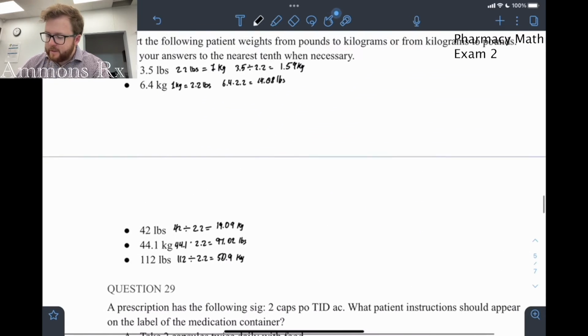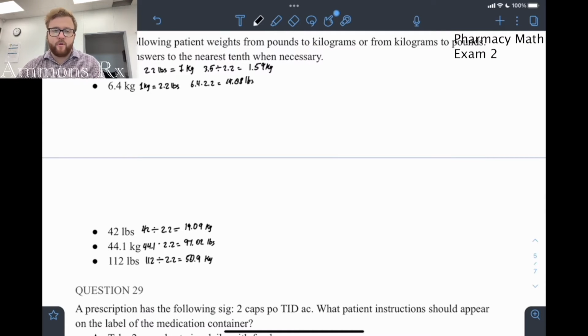Okay, and that is that. So just make sure that you understand that there are more pounds in 1 kilo. And if you have kilo, you're going to end up with a bigger number.